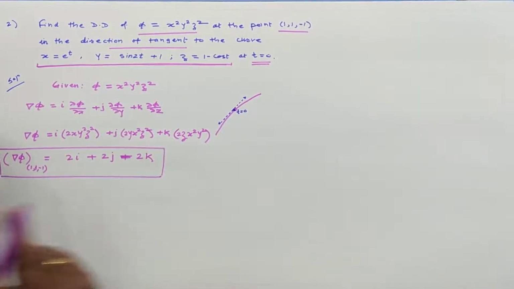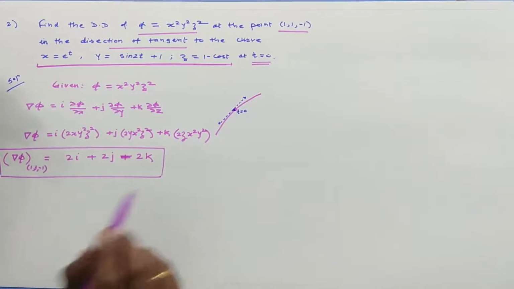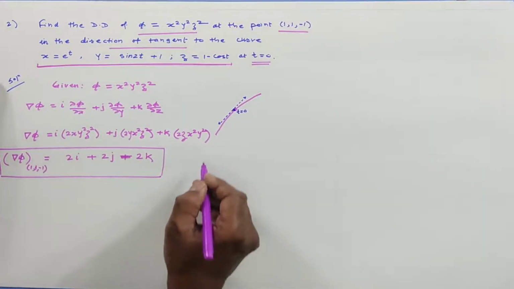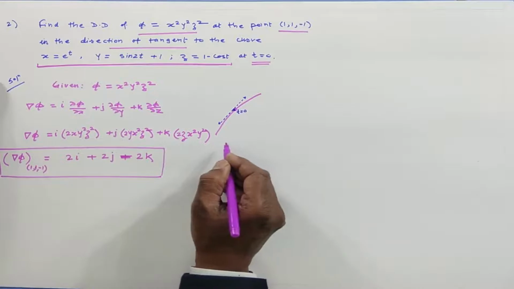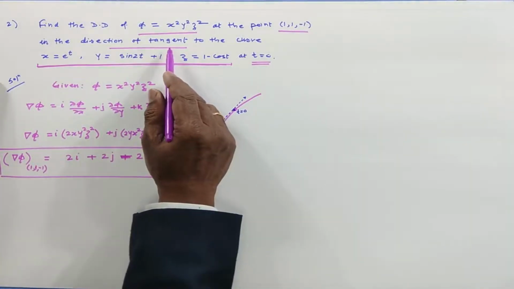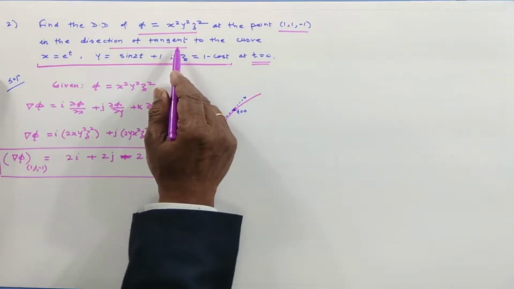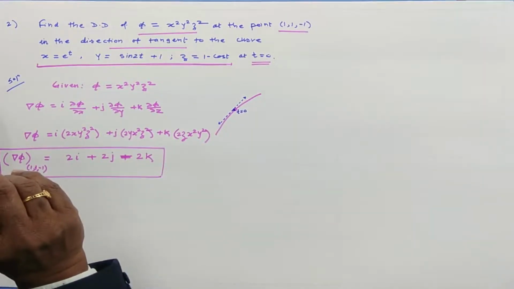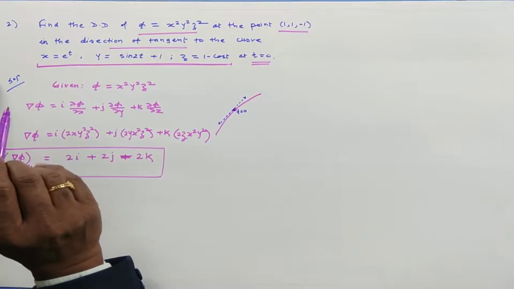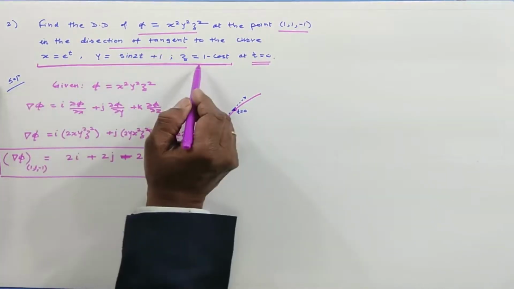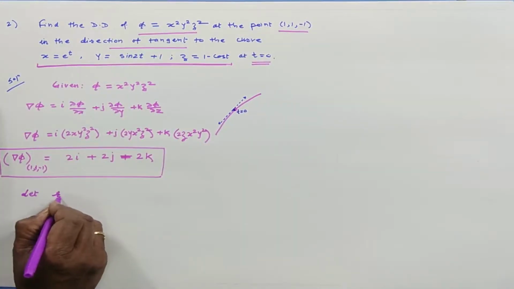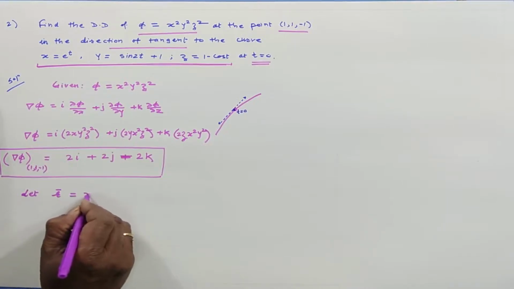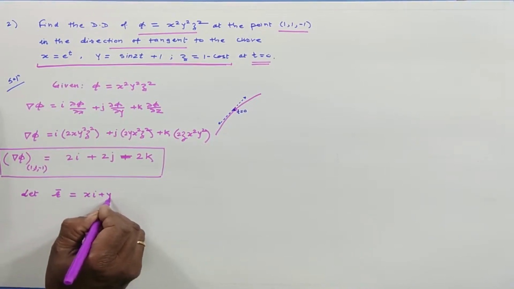Directional derivative requires two things: the gradient of phi and the unit vector. Now the next thing is to calculate the unit vector, here the unit vector along the tangent. First of all, the direction of the directional derivative is the direction of the tangent to this curve. Let r bar equal xi plus yj plus zk.